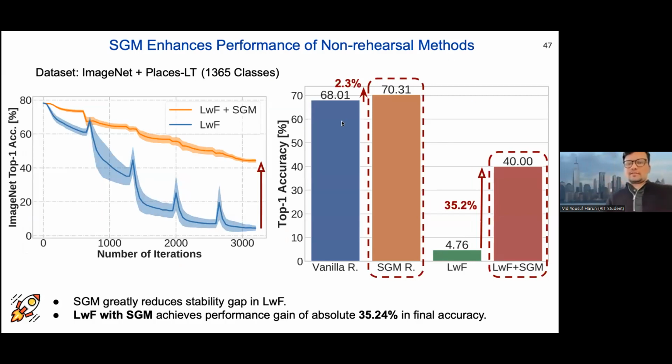As you can see, this knowledge distillation method has a higher stability gap, which means the performance decreases significantly over time. Whereas if it is combined with our method, the performance is mostly retained over time, and that translates into higher accuracy on the final performance.